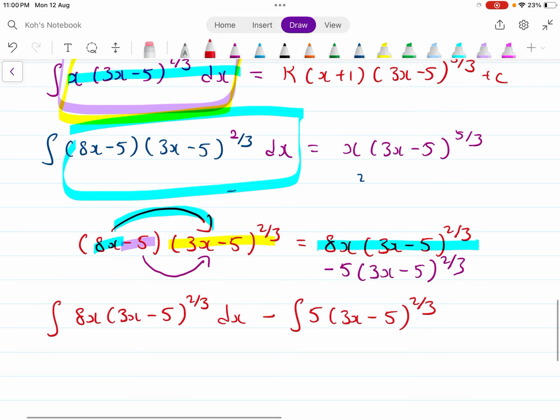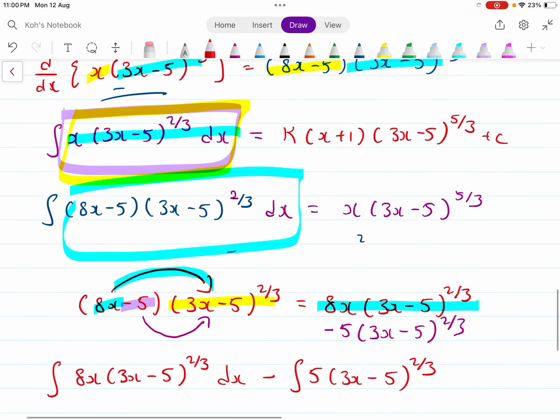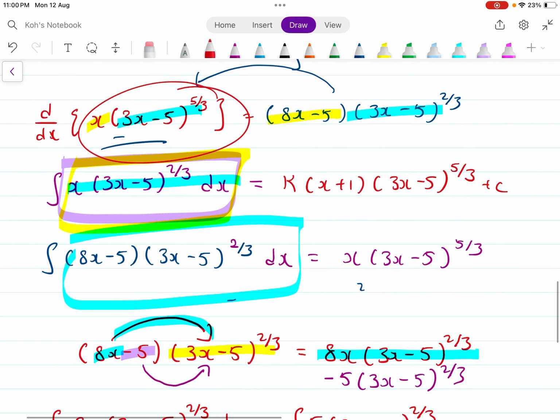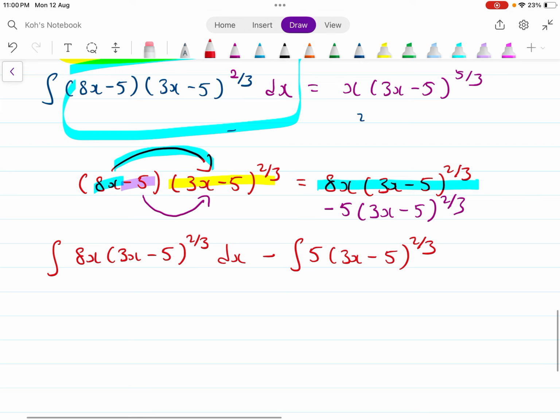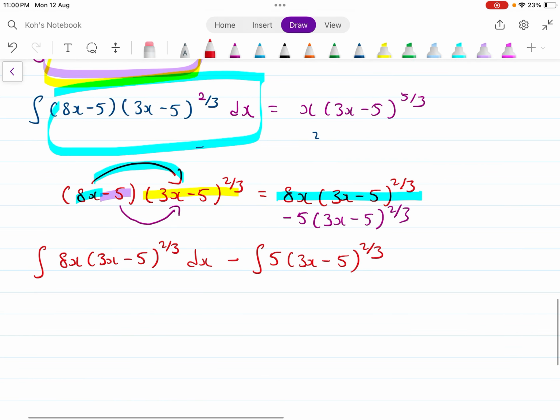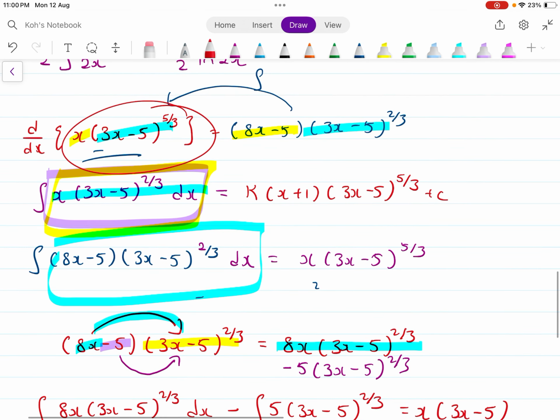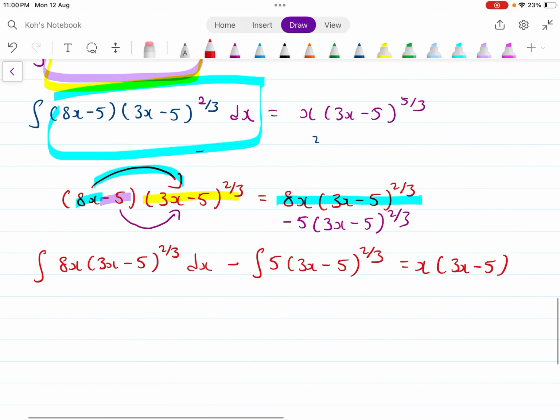So this whole thing will give me back the differentiated result, which is x (3x minus 5)^(5/3) plus c. Double check, okay, 5/3.